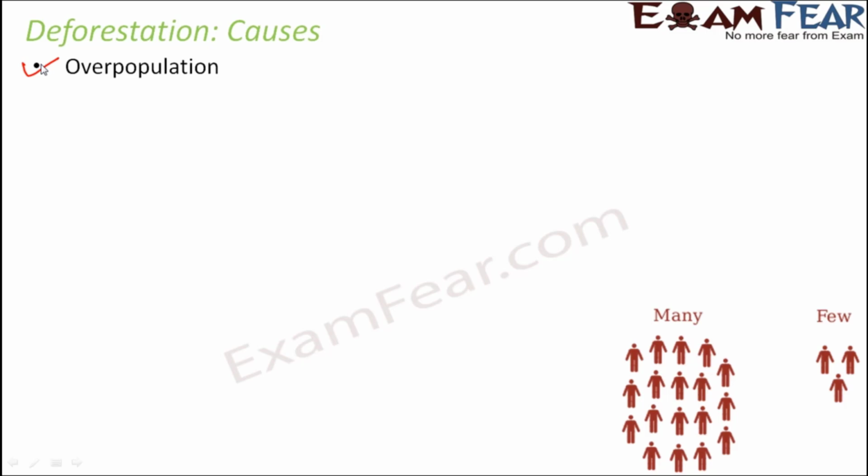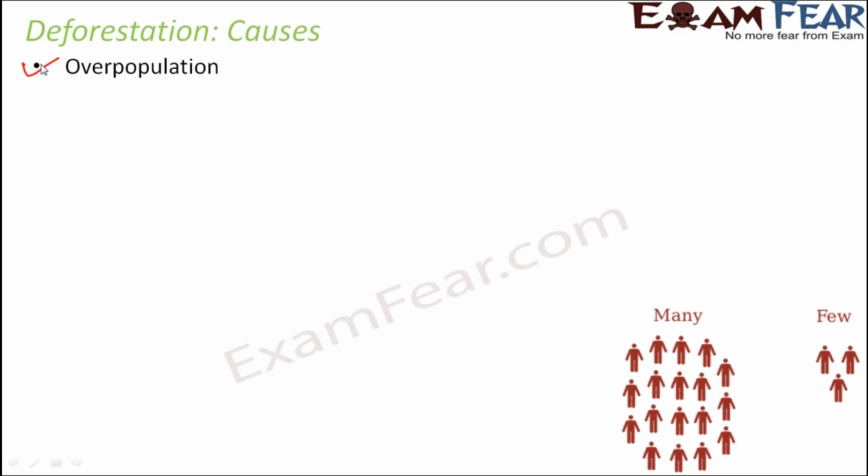You need more space for their shelter. You need more crop to meet their food requirements. You also need more furniture for each of their needs. So as the population increases, their demand increases. And a lot of products are obtained from plants, for making furniture, for fuel, for fertilizers, for agriculture.